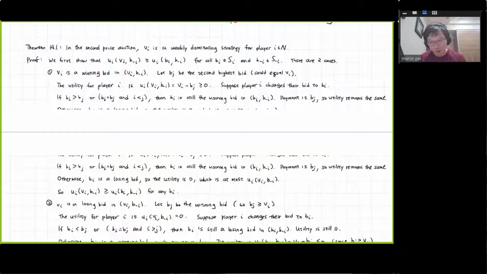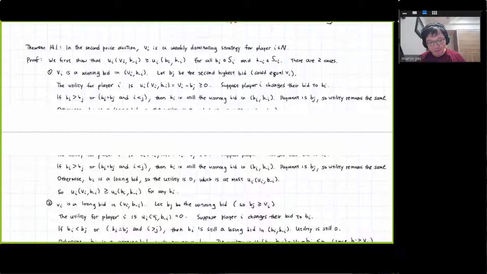So that is the first part. Okay, so that's what this inequality means. Okay, so we fix the other players' strategies, and we will say, let's look at the utility of playing my valuation versus playing anything else.